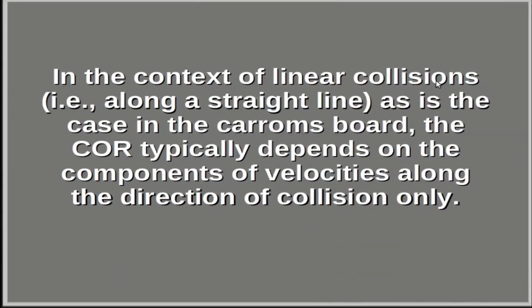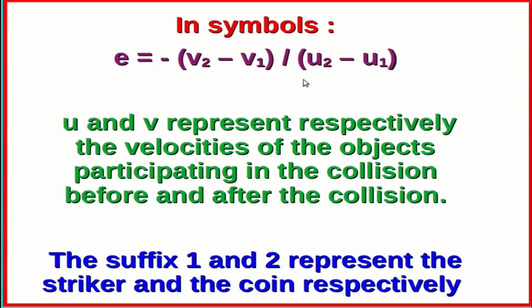In the context of linear collisions, that means collisions along a straight line, as in the case with the Carrom board, the coefficient of restitution typically depends on the components of the velocities along the direction of collision only. In simple terms, we can write the COR as E is equal to minus (V2 minus V1) divided by (U2 minus U1).